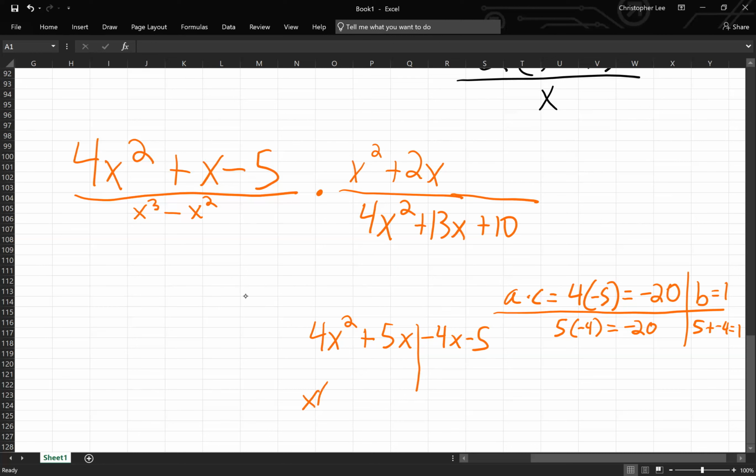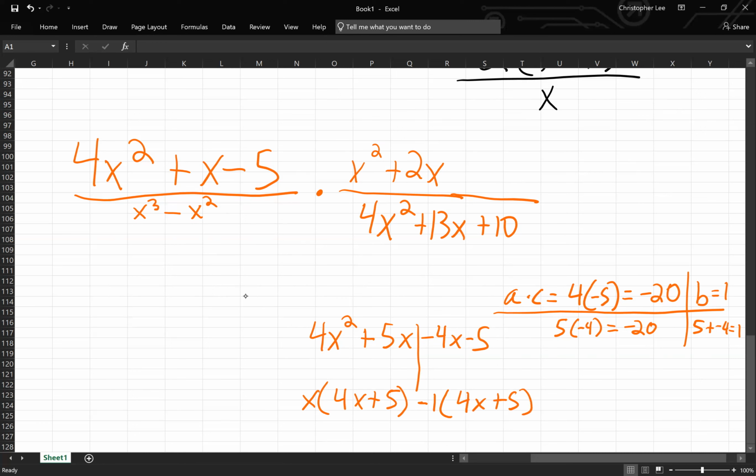X, right? And that's going to leave back what? 4x plus 5. What about this right-hand group over here, the negative 4x minus 5? What is the greatest common factor? Negative x, close. Negative 1, right? So what's left over? Plus 5, right?